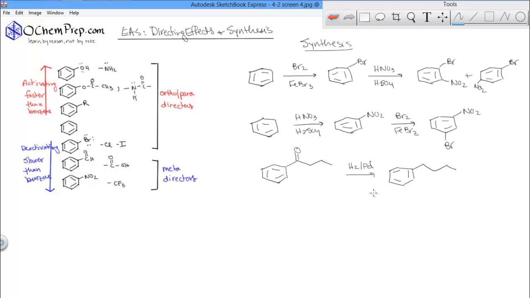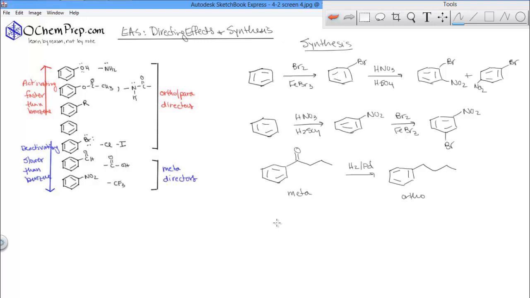If you look, this acyl group would be a meta director, and then we've just changed it into an ortho-para director. So we have to remember, if we want to put a substituent on the ring after the C double bond O is reduced, then it will go ortho-para. If we do it before that, it will go meta.